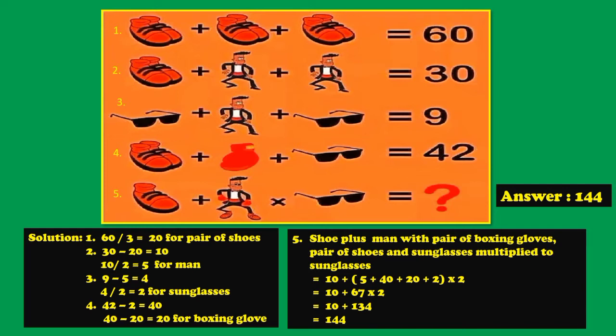The MDAS rule states that we go from left to right, multiplication and division first, followed by addition and subtraction. Since we have the multiplication here, 67 times 2 is 134, added to 10, which is 144. So in this image, the answer is 144.